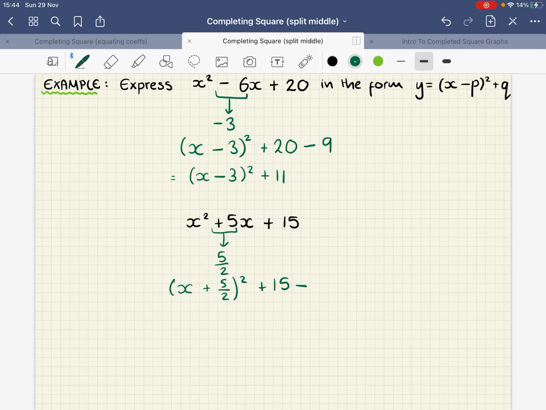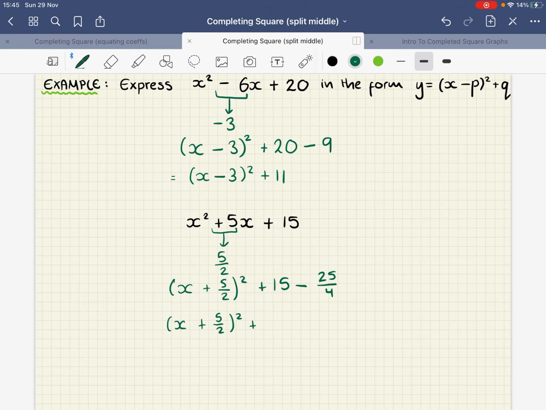And so that's why this one can be a little bit more awkward to work with. That fraction squared would be 25/4. And then I would need to change this into a fraction in order for me to do that take away. So we can see it can be a little bit more confusing, even with something simple like having an odd number in the middle.